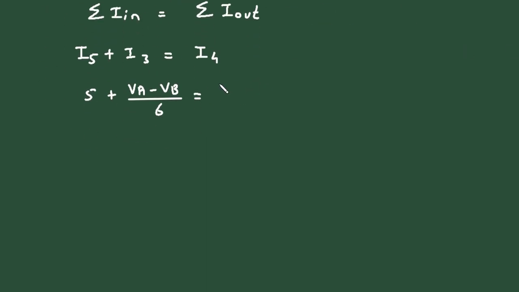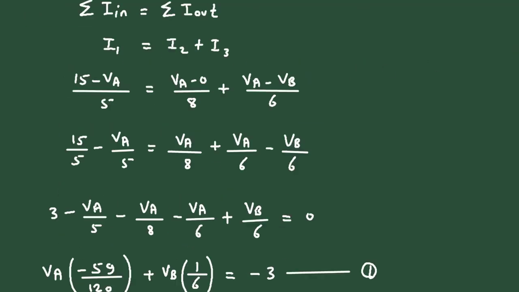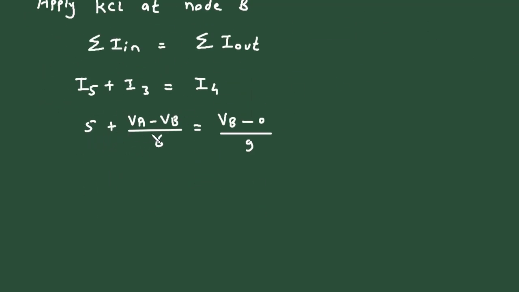Then simplifying further, we get 5 plus VA by 6 minus VB by 6 is equal to VB divided by 9.